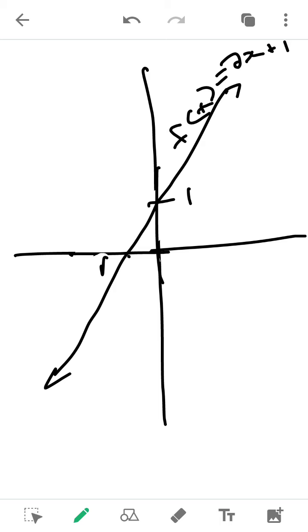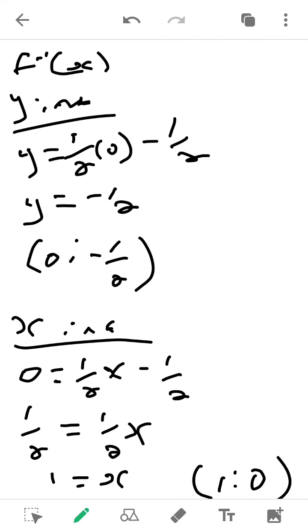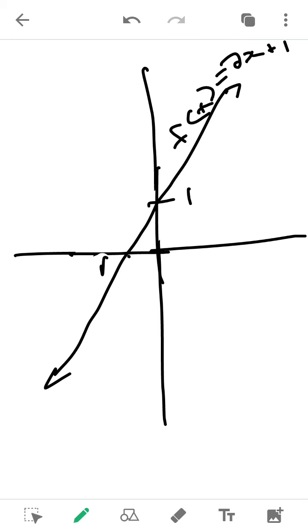Now let's check our intersection points for the inverse of f of x. We have (0, negative half), and then (1, 0).